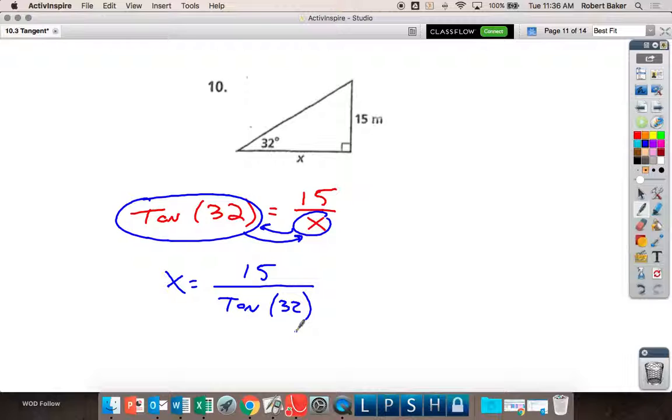That's the easiest way to explain it, and it will always work. Does that make more sense? So now we're trying to type in 15 over tangent 32, and we're trying to expect to see what x looks like. 7 something? Yeah, it's 24.005.